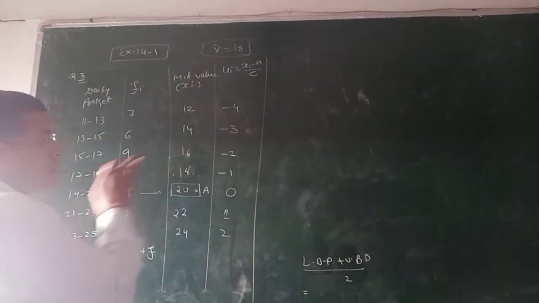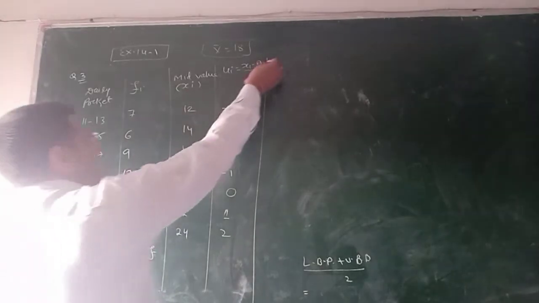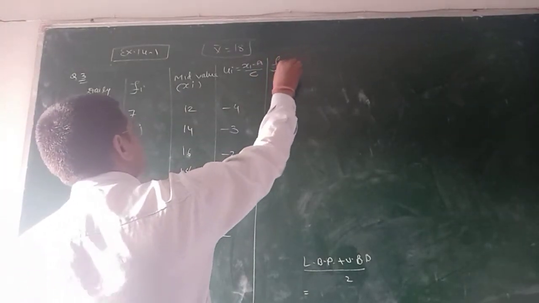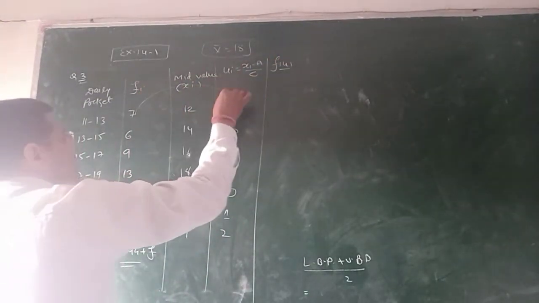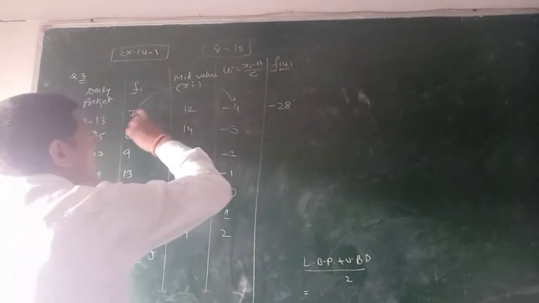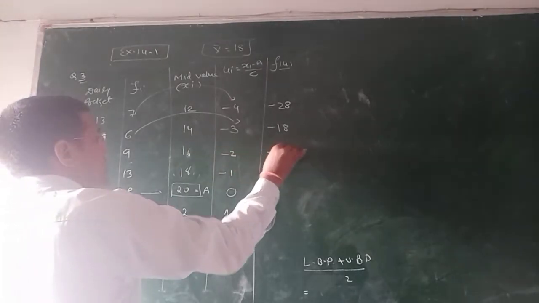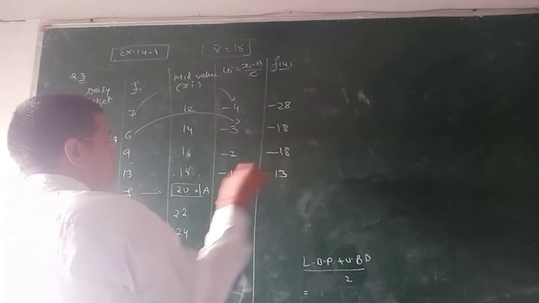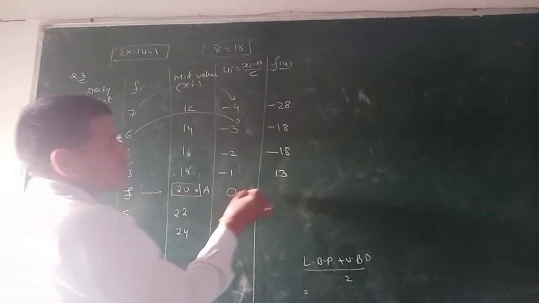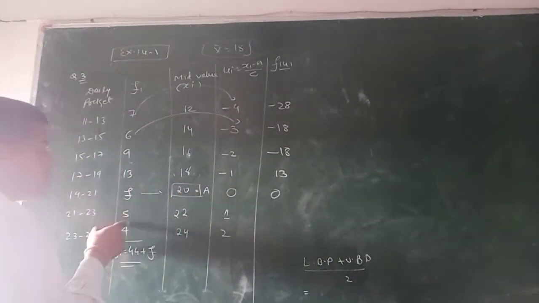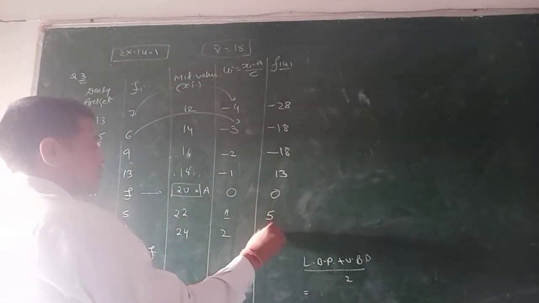See, now after doing this one, we just have to calculate fi ui. Get the multiplication. 7 4s are 28, 6 3s are 18, 9 2s are 18, 3 1s are 3, and f is to be multiplied by 0, so it will result in 0. So 5 1s are 5 and 4 2s are 8.